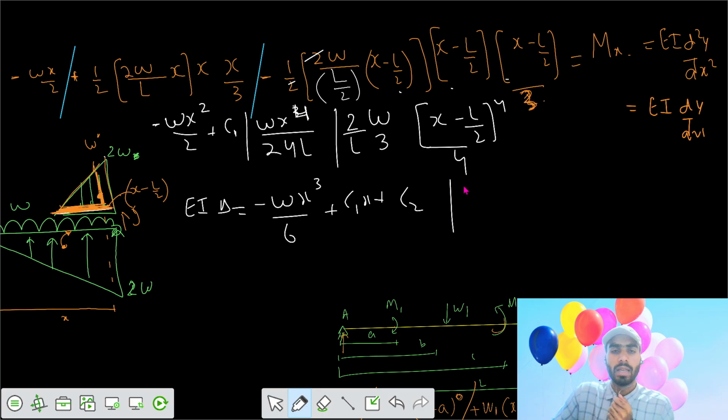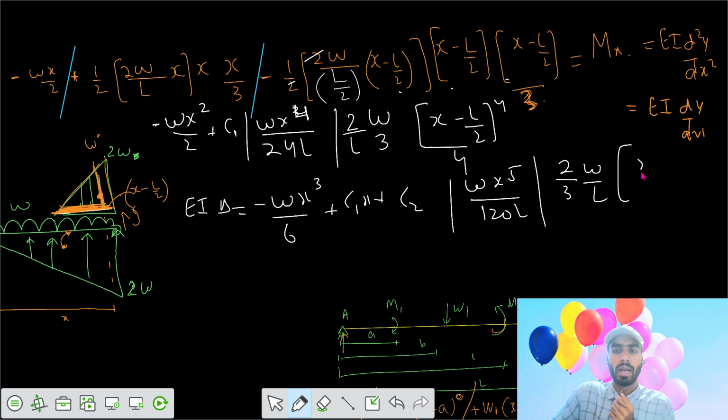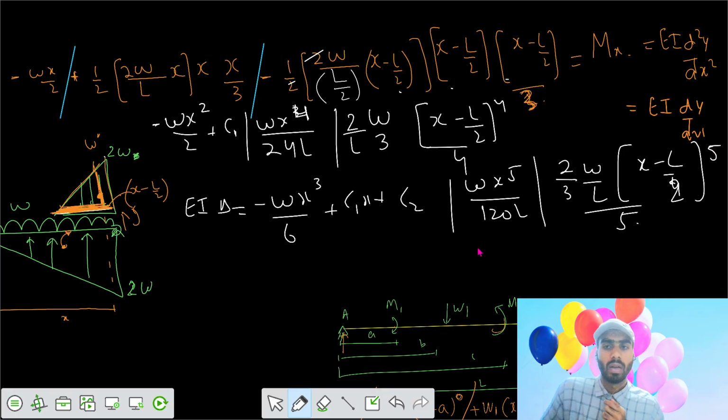Then we get wx power 5 divided by 24 into 5, it is 120L. Then we have positive 2 by 3 of w by L, then (x minus L by 2) power 5 divided by 5. And that 4 was also there, 12. Finally it becomes 60, 12 into 5.